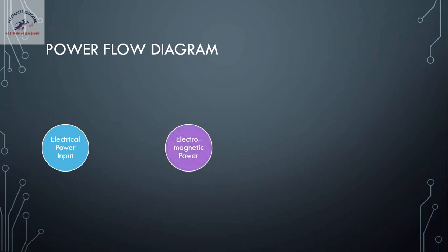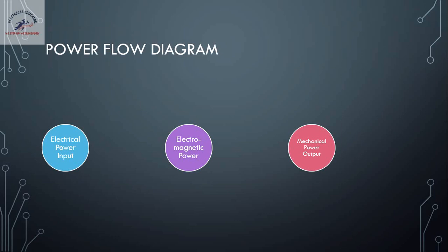From there, we get the electromagnetic power in the air gap, and at the end we get the mechanical power output. Now we know that this mechanical power output is not equal to electrical power input because of losses, and thus the efficiency of the system will be less than 100%. Where exactly the above discussed losses occur, let us see.